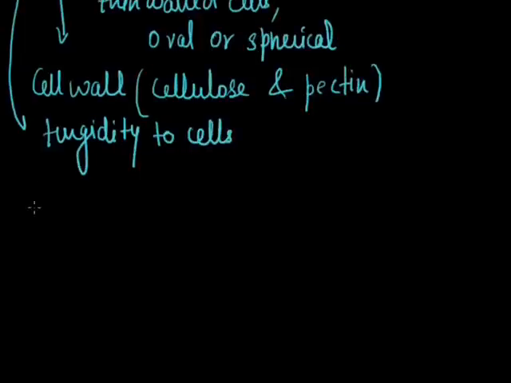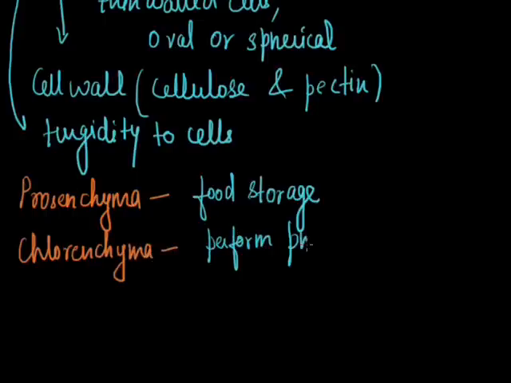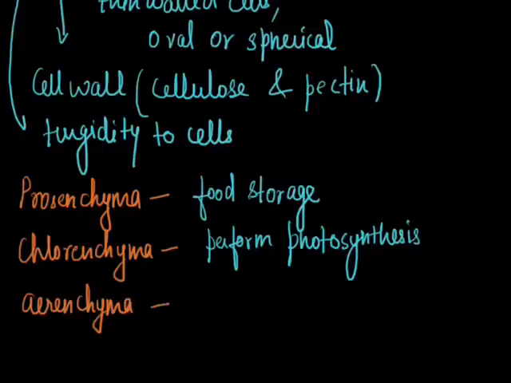There are different types of parenchyma. The first one is prosenchyma. This helps in food storage. The second is chlorenchyma. It performs photosynthesis. The third form is aerenchyma. This has air spaces, so it helps in buoyancy.